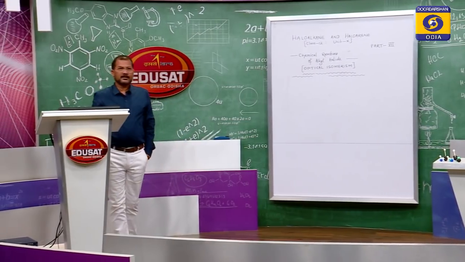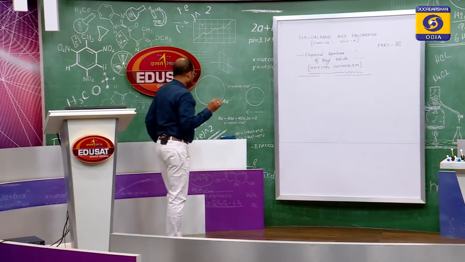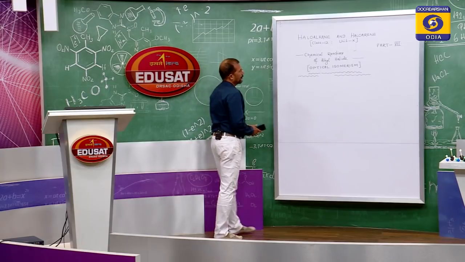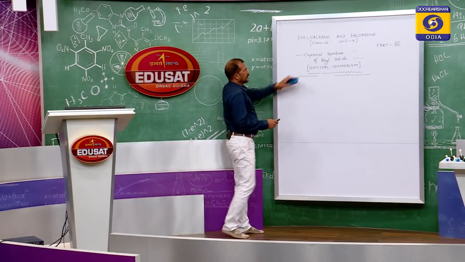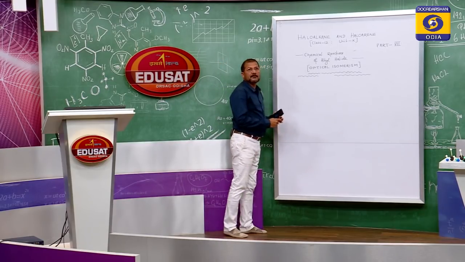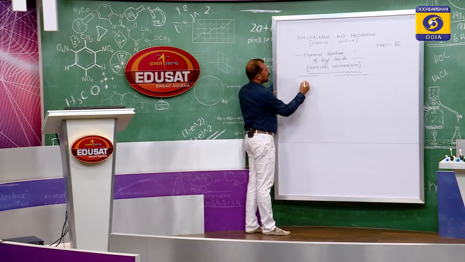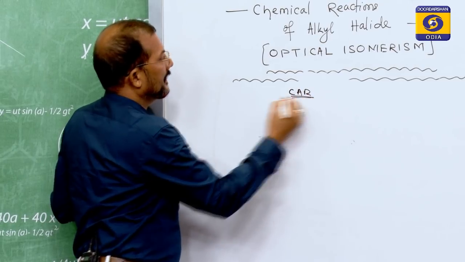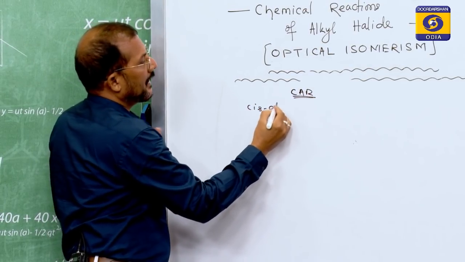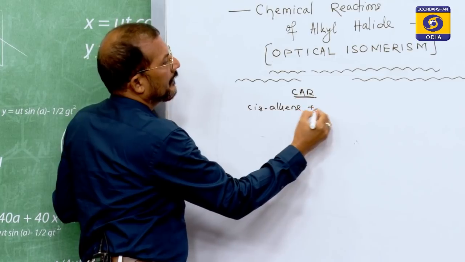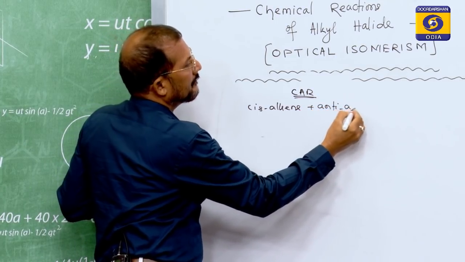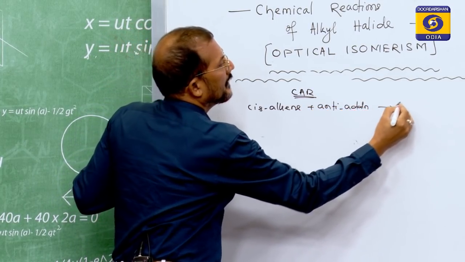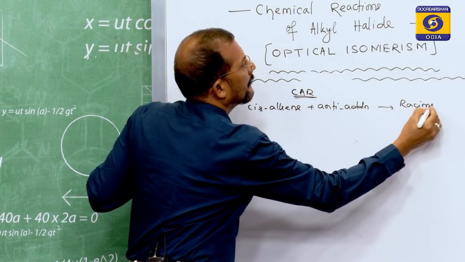So, in that way, let me discuss a reaction where, very interestingly, some optical activities are marked. Suppose I am giving you a formula like CAR, meaning upon cis alkene, if there is anti addition, then a racemic mixture is obtained.